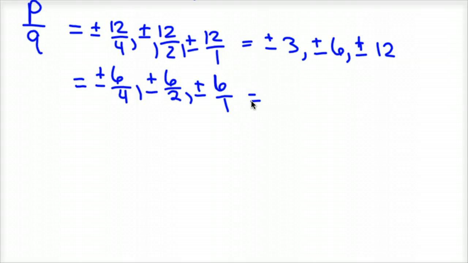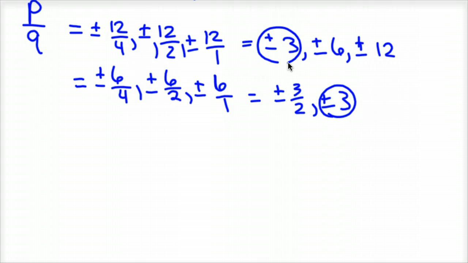So you could have plus or minus 3 halves, plus or minus 3, which we already know is a possibility, and plus or minus 6, which we already know. So we've only found two new possibilities, plus or minus 3 halves. And you just keep going for all of them.